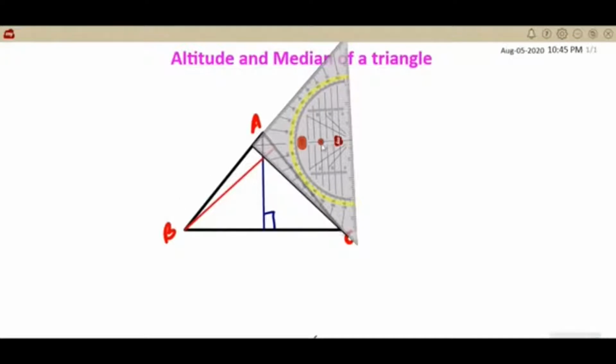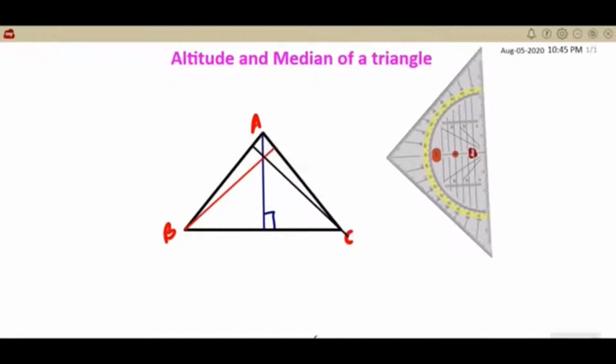The point here is that when we have drawn all three altitudes, all these three altitudes meet at a point. That point is named the orthocenter. This is one of the points you should keep in mind.